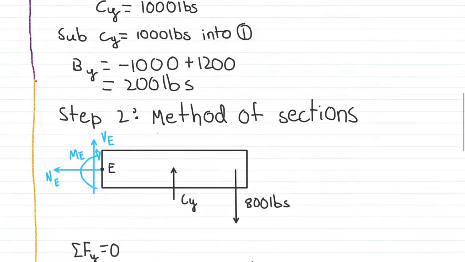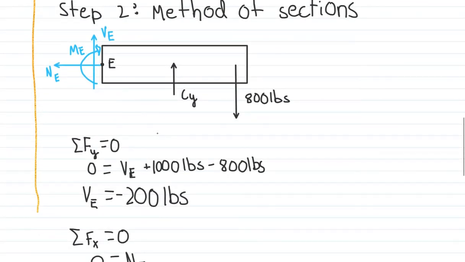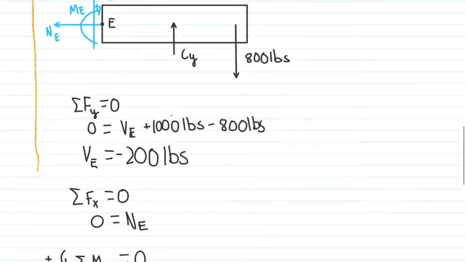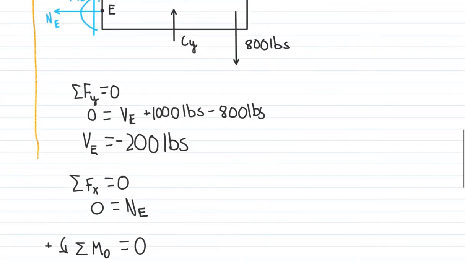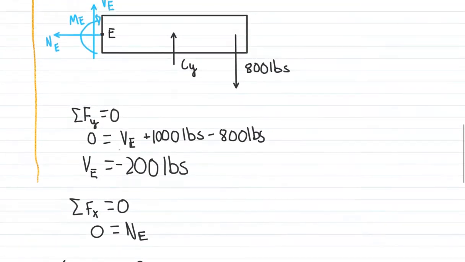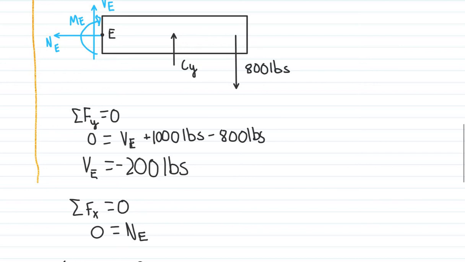So then we take a method of sections, and we take the right side of it. We can take the left side, and we will get the same answers. So we assume that there are three forces: a shear force, a normal force, and a moment force at E. So using, again, our static equilibrium equations at E, we find the sum of Fy equals 0. 0 is equal to the vertical force at E plus 1,000 pounds from Cy minus 800 pounds.